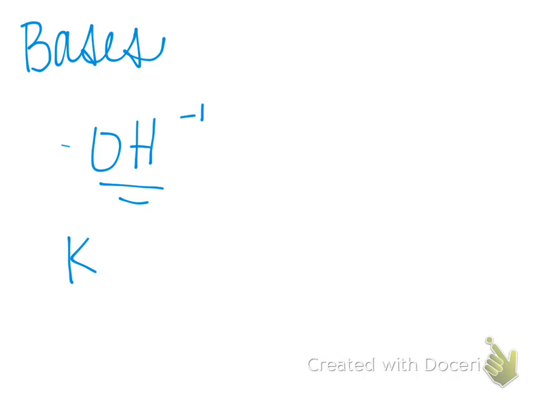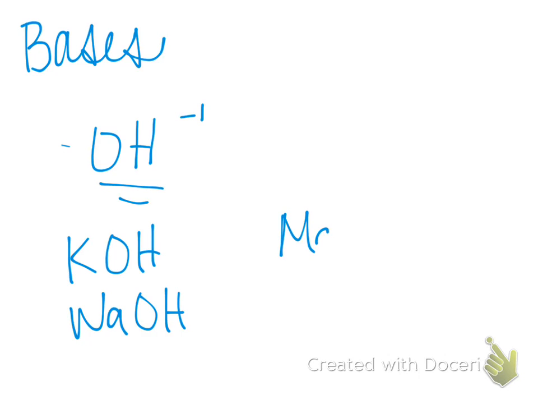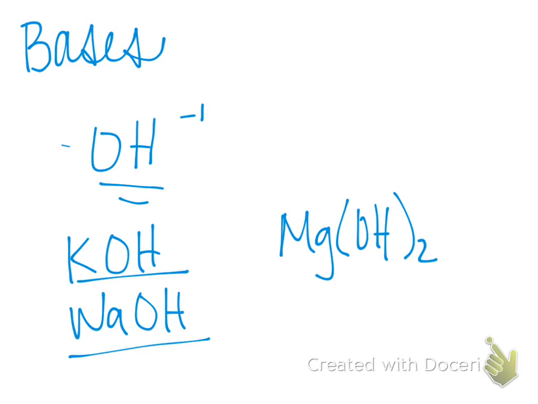So if I give you KOH or NaOH or MgOH2, those are all bases. You name them just like you name regular ionic compounds: potassium hydroxide, sodium hydroxide, magnesium hydroxide. Naming bases is no different than naming regular ionic compounds.